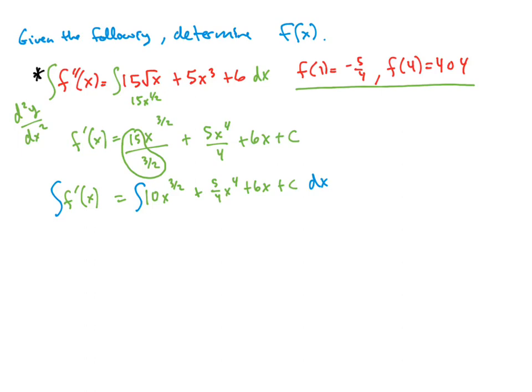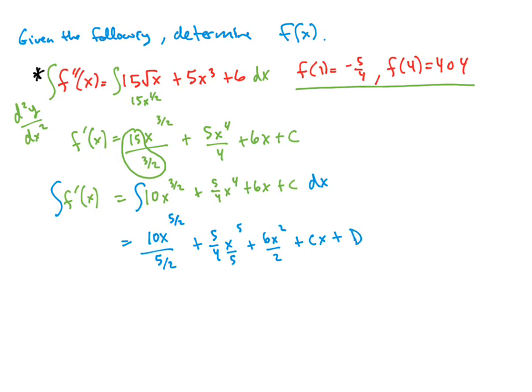Okay, and so doing so, I'm going to have 10x to the 3/2 gets raised by 1, so 5/2, and then divide by 5/2, plus 5/4 x to the 5th divided by 5, plus 6x squared divided by 2, plus, well, c was just a constant, so when we integrate a constant, I have c times x, plus, and then I'm going to write a new constant, a different constant d.